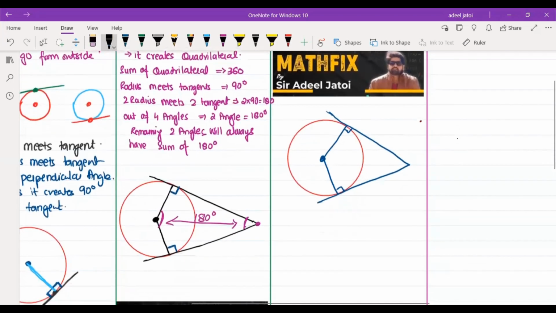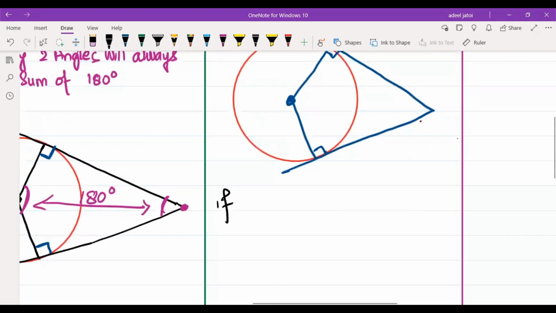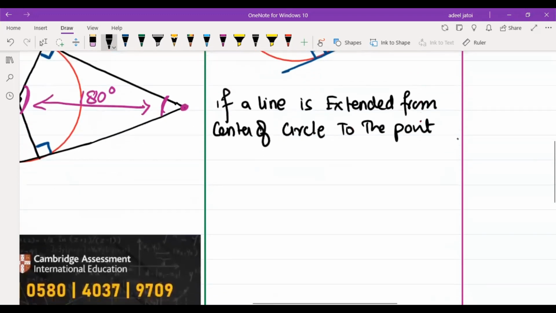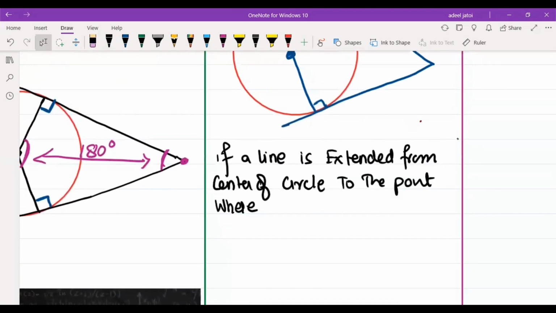Now, the extended property says if a line is extended from the center of the circle to the point where two tangents meet.